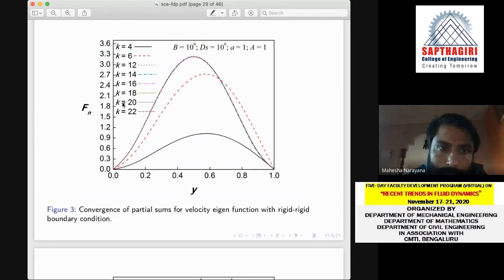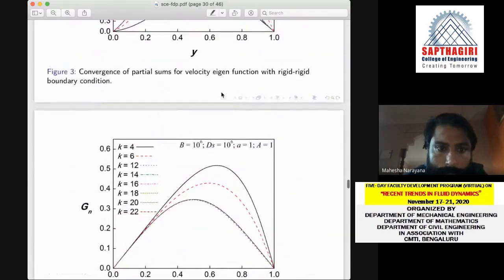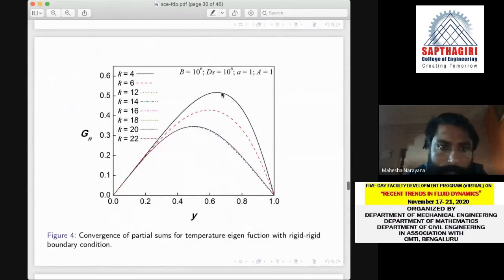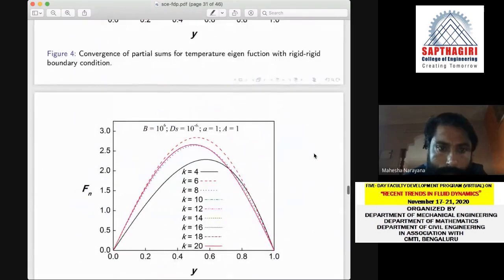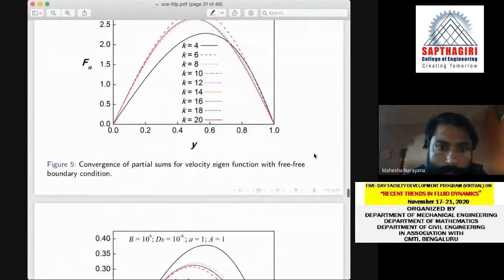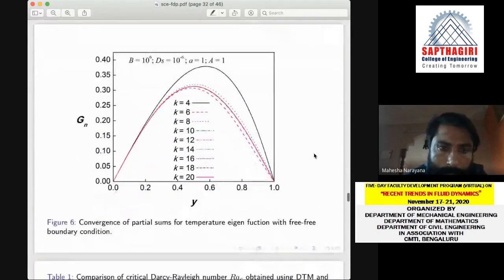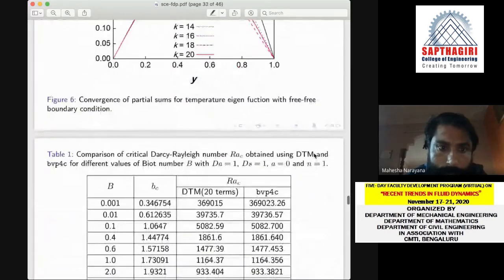So you see, only up to 20 to 22 terms are enough to achieve convergence. And the rest of the figures also show the partial sums plotted for various numbers of terms of the series. And they all show that the result converges in less than 20 terms.